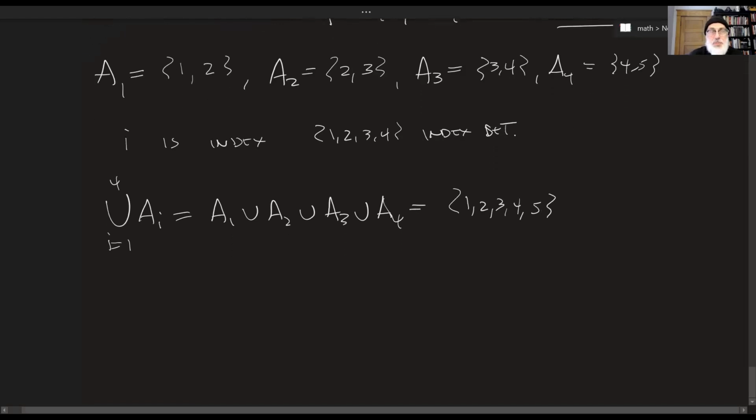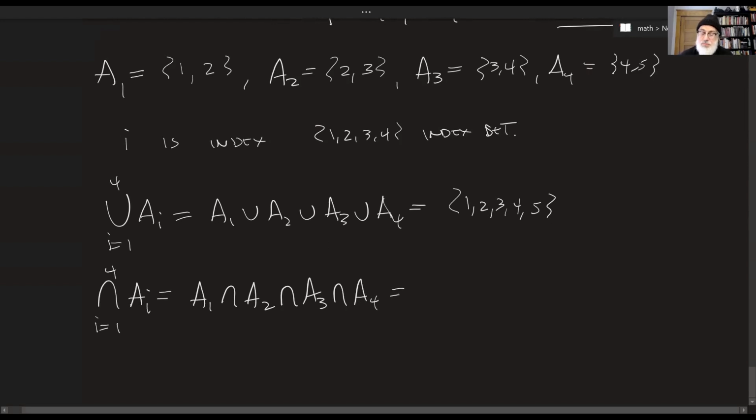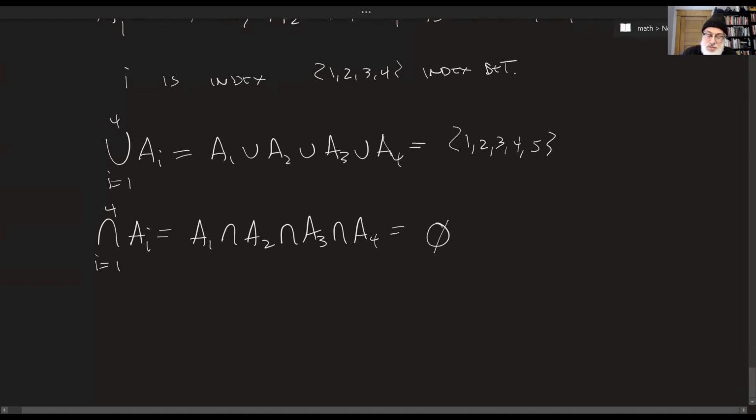just as in our example. We could also take the intersection of index sets, and this would be A sub 1 intersect with A sub 2, intersect with A sub 3, intersect with A sub 4. And what would this equal? Well, empty. There's nothing they have in common. So index sets are handy.